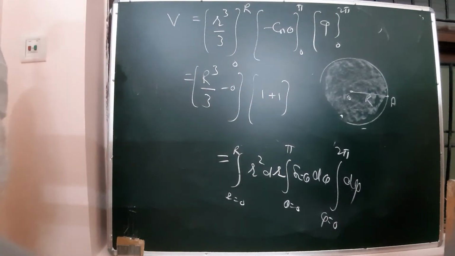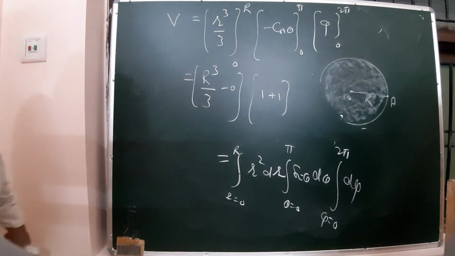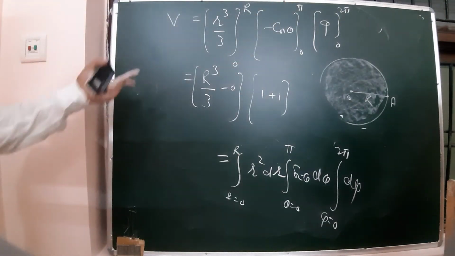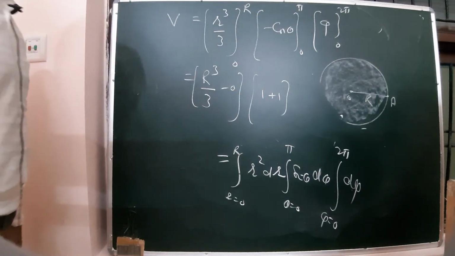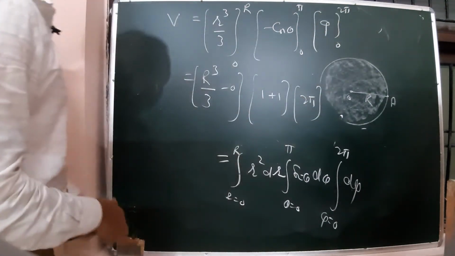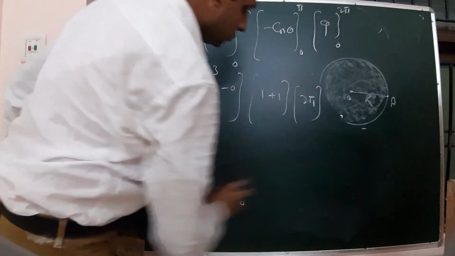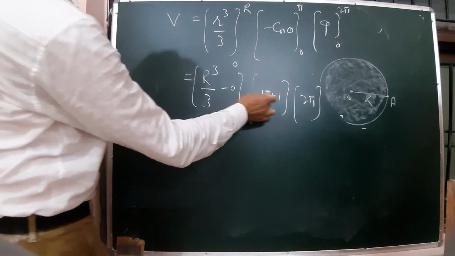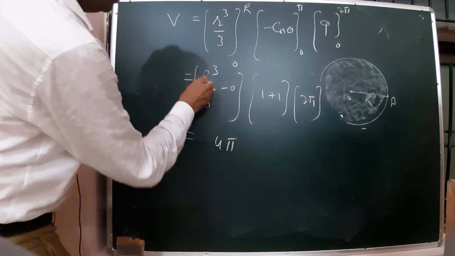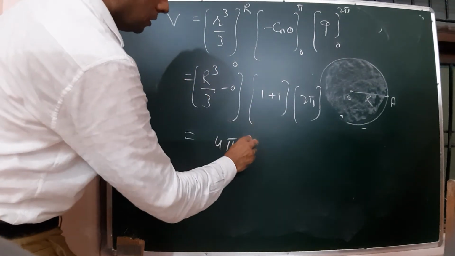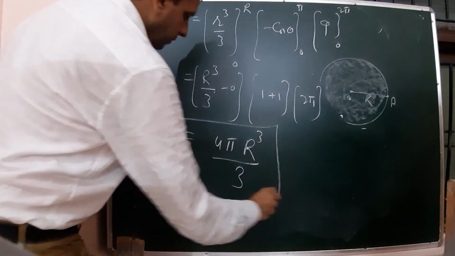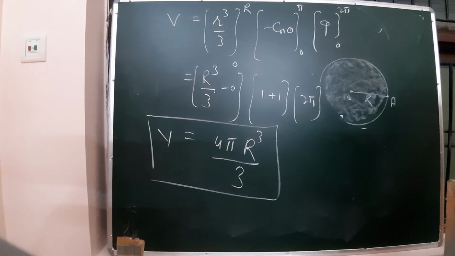In the same way as I did in the previous article, taking minus common and then solving it, ultimately it will be plus 2, and for phi it is 2 pi. So, you can solve it, that is 1 plus 1 is 2, 2 into 2 pi is 4 pi. So, it is 4 pi into R cube by 3 minus 0, that means R cube by 3. So, this is the volume, 4 by 3 pi R cube.